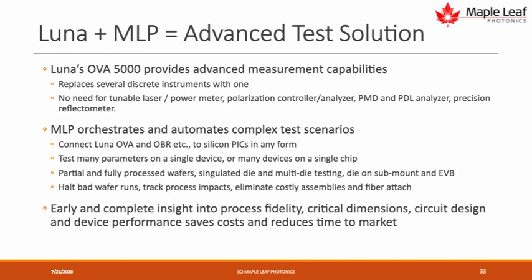You can characterize partial and fully processed wafers, singulated die, and multiple die in a carrier, as well as die on a submount and an eval board. And the point here is you want to be able to halt bad wafer runs, you want to track the impact of process variations, and eliminate on the back end costly assemblies and fiber attach operations that aren't needed to establish the fidelity of your device.